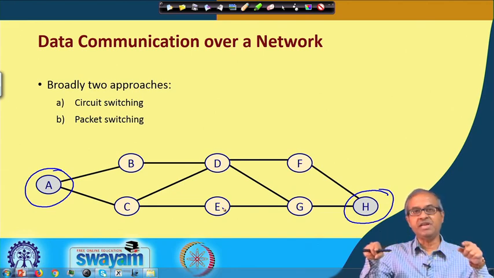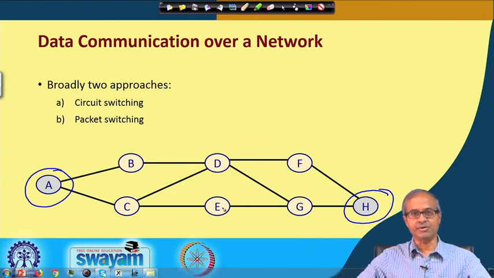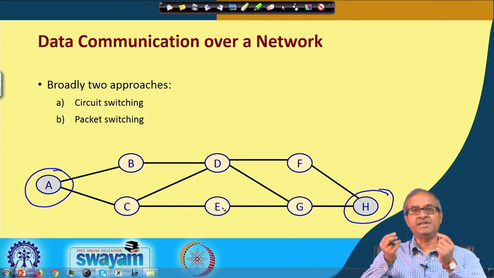So, from A to H there is no direct path. Whatever data you want to send, they have to travel through various other intermediate nodes. Now, in computer network terminology, these intermediate nodes are typically routers. We shall be looking into routers again later.